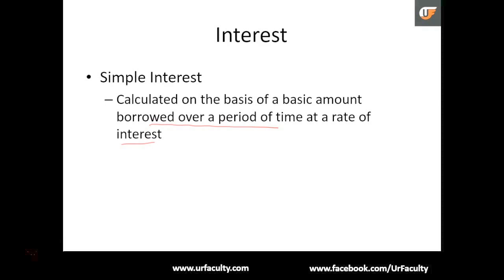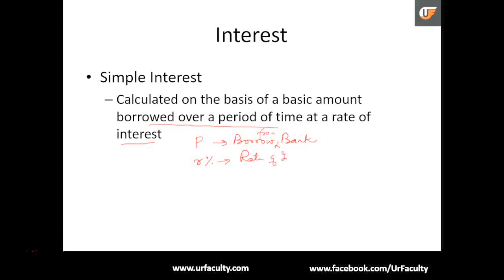It means that if there's a particular principal that you borrow from a bank, a particular amount, that's called the principal. And the bank charges you back a rate of interest.